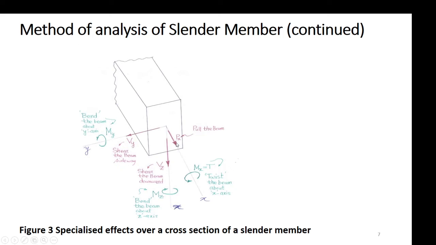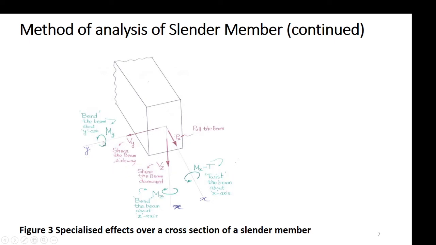Right now I am putting all the forces and moments in the positive sense. If this is the x-axis, this is the z-axis, and this is the y-axis, it's a right-handed system. So Px will pull the beam, and Vx and Vy both will shear the beam. That is, they try to displace it laterally. This is pull longitudinally, displace laterally.